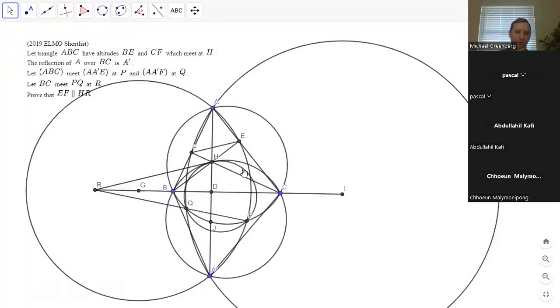Yeah, what's the best way to show two circles are tangent? Maybe we could use inversion somehow. So yeah, what's a good center of inversion?